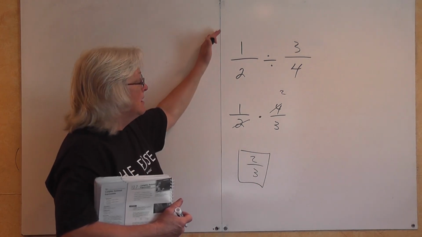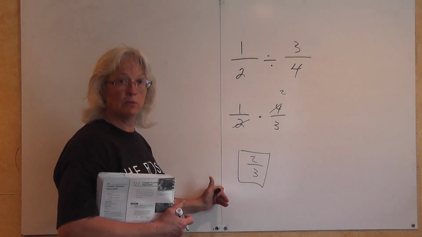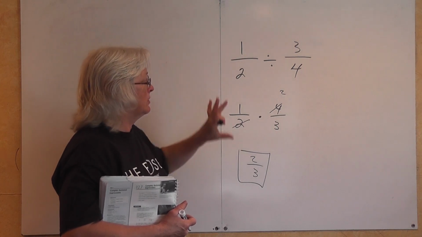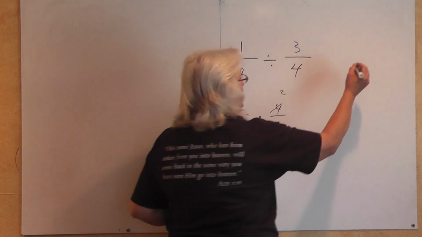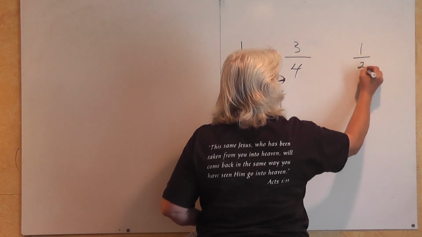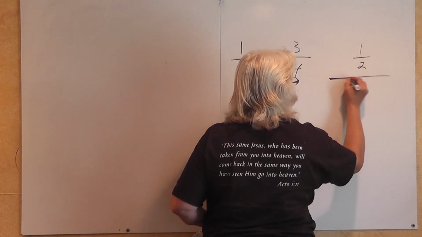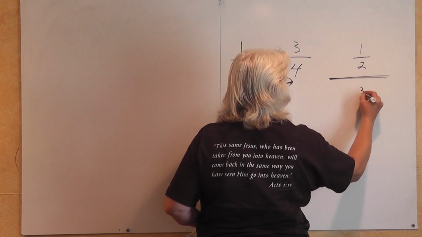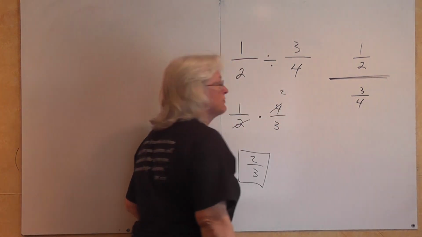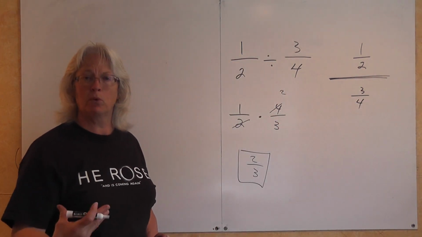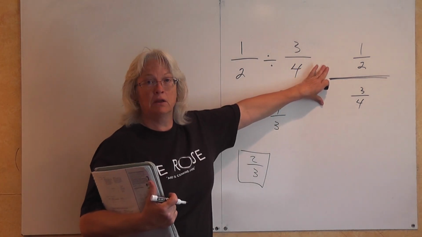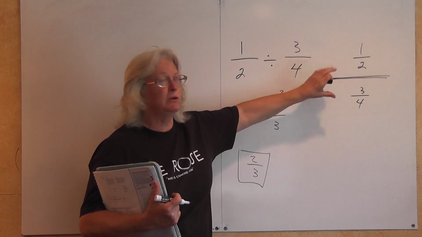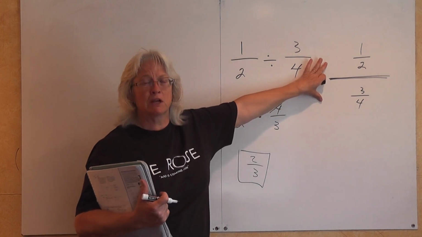This was just a simple math problem, a simple fraction problem. We could also write it, though, by saying 1/2 divided by 3/4. And up to this point, we've really not used that because that's a pretty complicated looking thing, and you don't really know how to deal with a problem that looks like that.